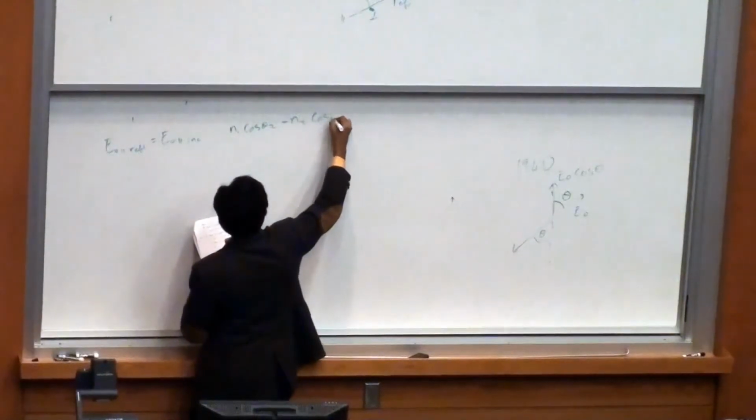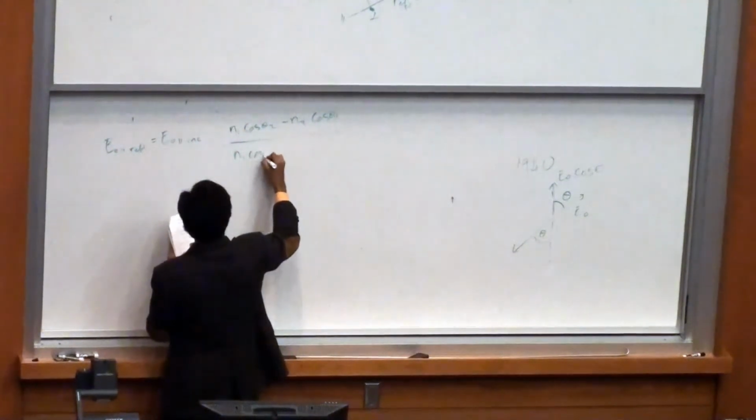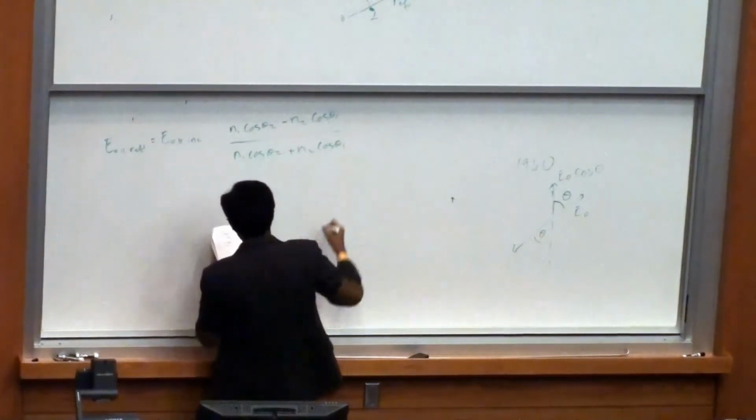So what I have here is that the E naught parallel of the reflected is equal to the E naught parallel of the incident. Right? That's what we're looking at. So from this, I can say this is equal to that times n1 cosine of theta 2 minus n2 cosine of theta 1 over n1 cosine of theta 2 plus n2 cosine of theta 1.